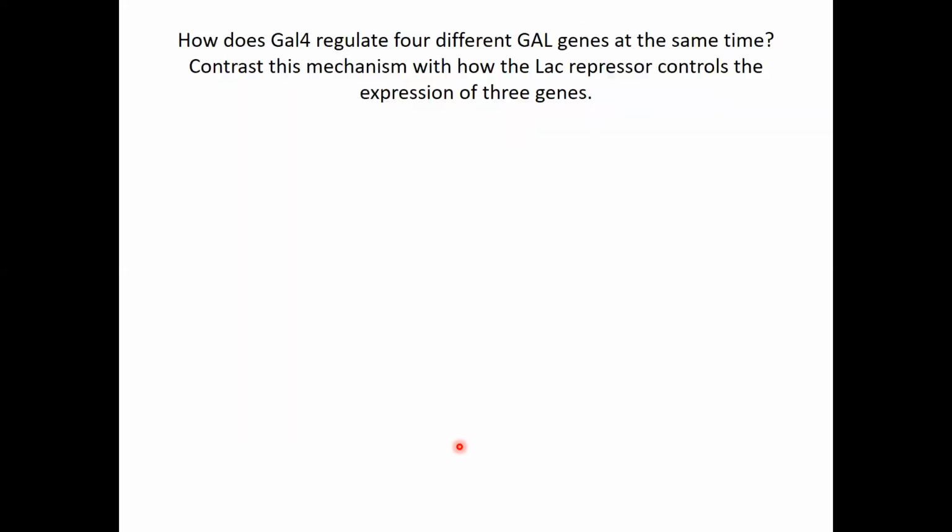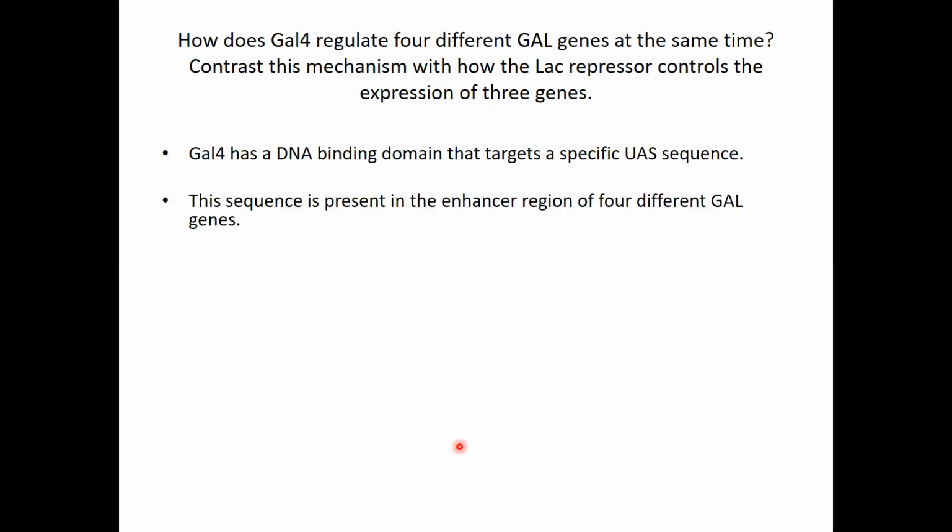How does GAL4 regulate 4 different GAL genes at the same time? Contrast this mechanism with how the lac repressor controls the expression of 3 genes. So we know that GAL4 has a DNA binding domain that targets the UAS sequence, right?